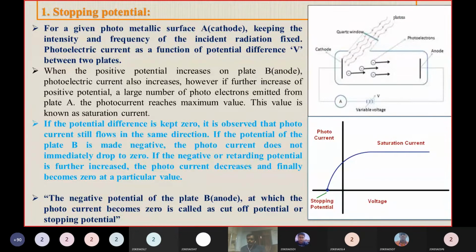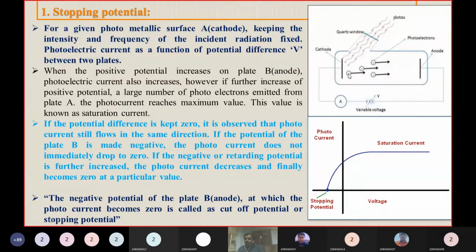Did you observe this? If you apply negative potential, there is still a little amount of current up to a particular voltage. What is the reason? Here we are applying the positive terminal on one side and the negative terminal on the other. When photons are incident, electrons are ejected.